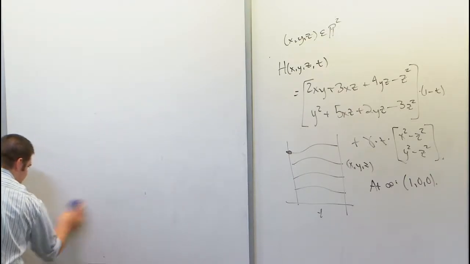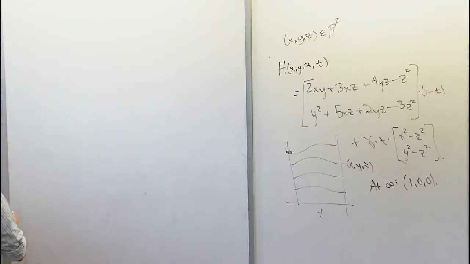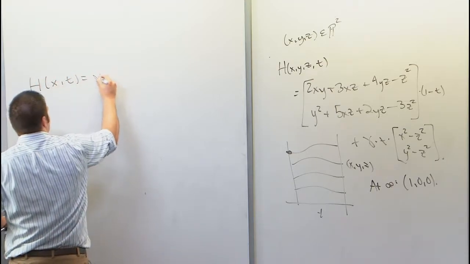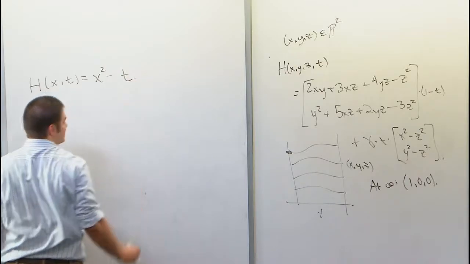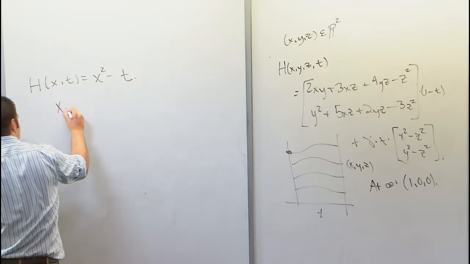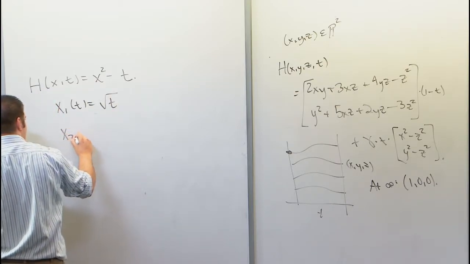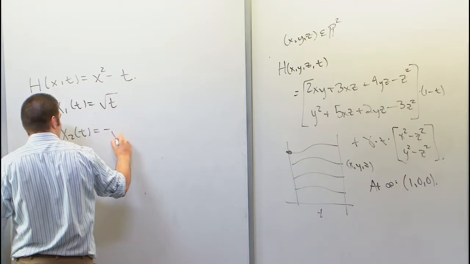So let's think back to the very simple homotopy I wrote down before. X squared minus t. One path was on the positive square root, and the other path was on the minus square root.